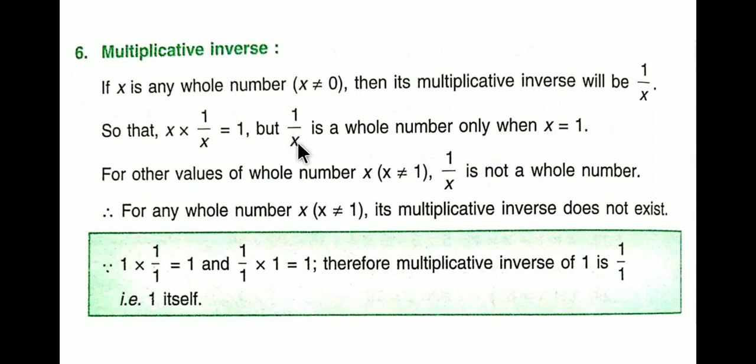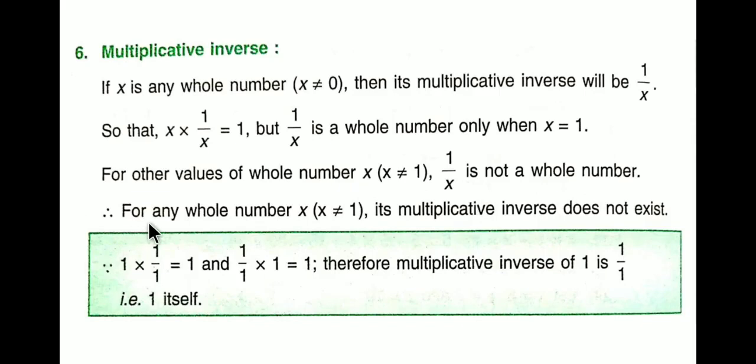So when x is a whole number equal to 1, then only this fraction becomes equal to 1. And for other values of whole numbers like x being equal to 2, 3, 4, 5, 6, 1 by 2 or 1 by 3, 1 by 4, all these fractions are not whole numbers.